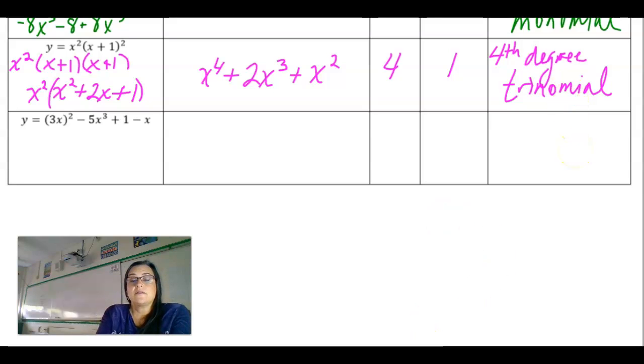Okay, then our last example here, we have a 3x quantity squared, so that's 3x times 3x, which would be 9x squared. Then minus 5x cubed plus 1 minus x. And when we want to put that into standard form, it has to be in decreasing order of exponent.